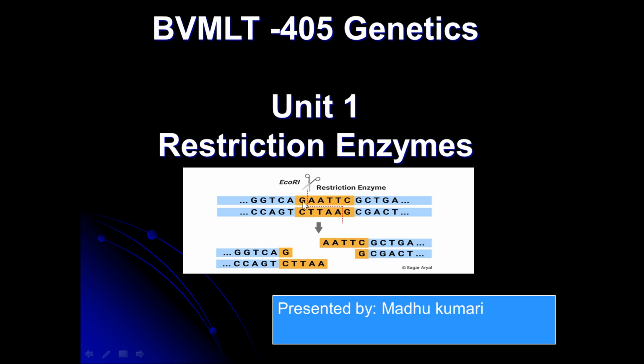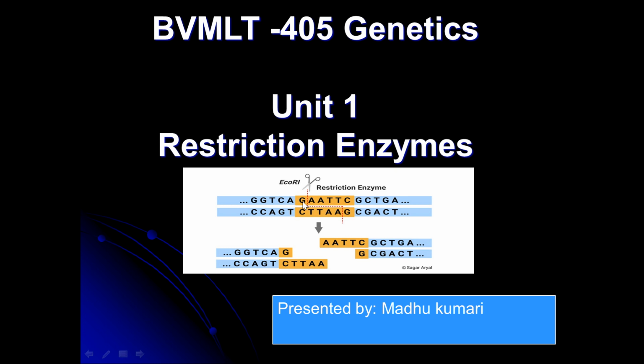Where GAATTC is present, only then EcoRI cuts this sequence. Clear? So every restriction enzyme cuts at a specific point, in between the recognition sequence or some distance away from the recognition sequence, but at a specific point, not elsewhere.